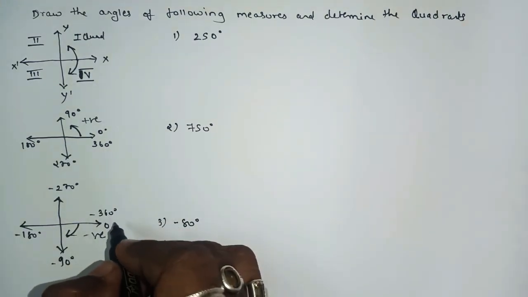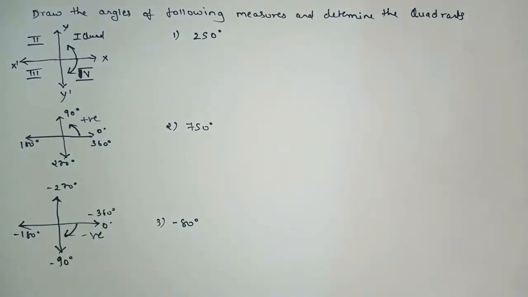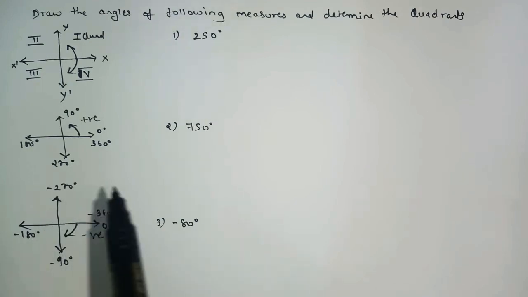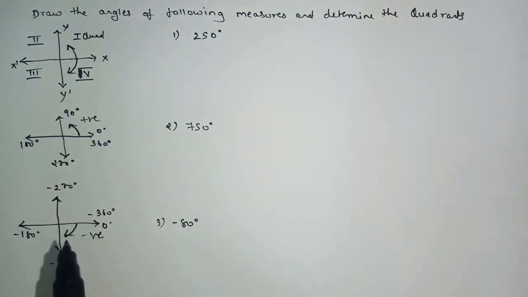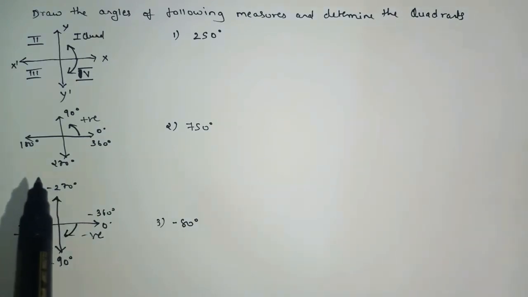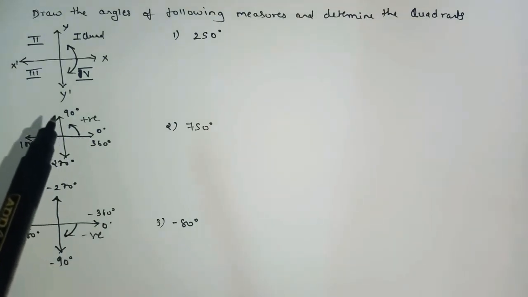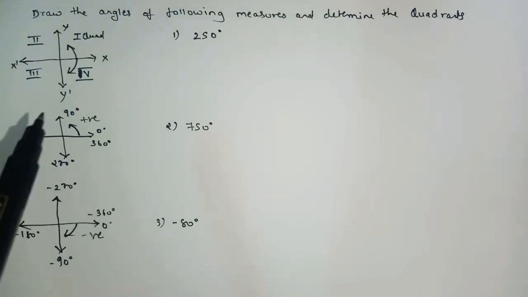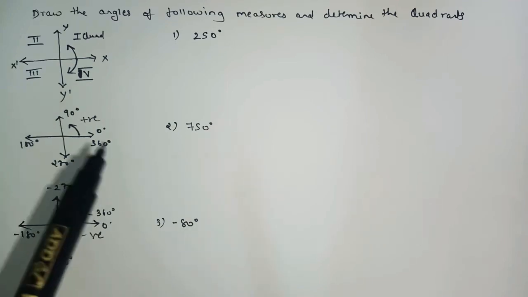Yes or no? Minus 90, minus 180, minus 270 and minus 360. So this is the position for the negative angle. As when it rotates in clockwise direction, so the angle starts from here, minus 90, minus 180, minus 270 and minus 360. For anti-clockwise direction, the angle starts from here, 0, 90, 180, 270 and 360.